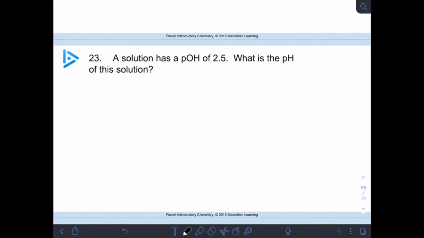Solution has a pOH of 2.5. What is the pH? So pH equals 14 minus the pOH. In this case, 14 minus 2.5, which makes 11.5.